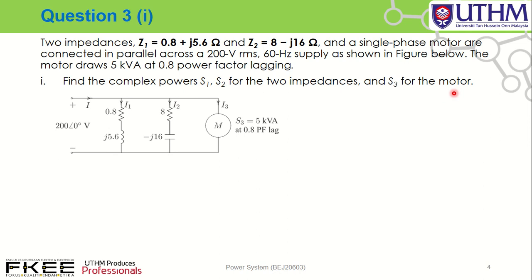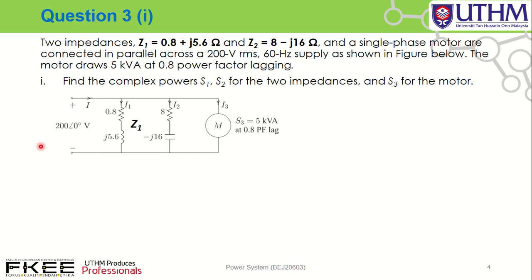First of all, you need to draw the equivalent circuit and put all the related information on the circuit. In this case we have a supply voltage of 200 volt. Please bear in mind this 200 volt is actually an RMS voltage, with a frequency of 60 Hz.